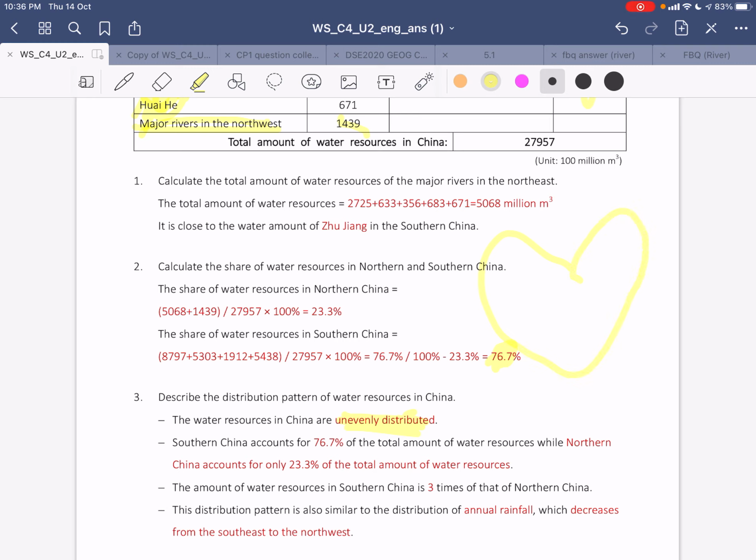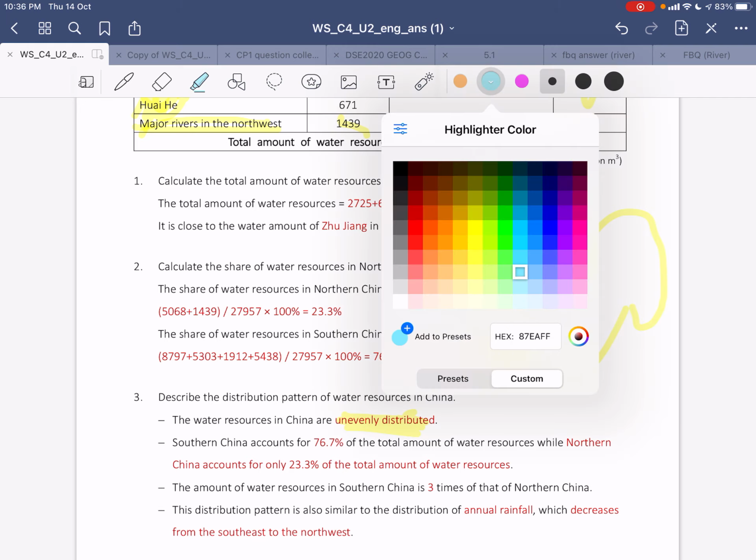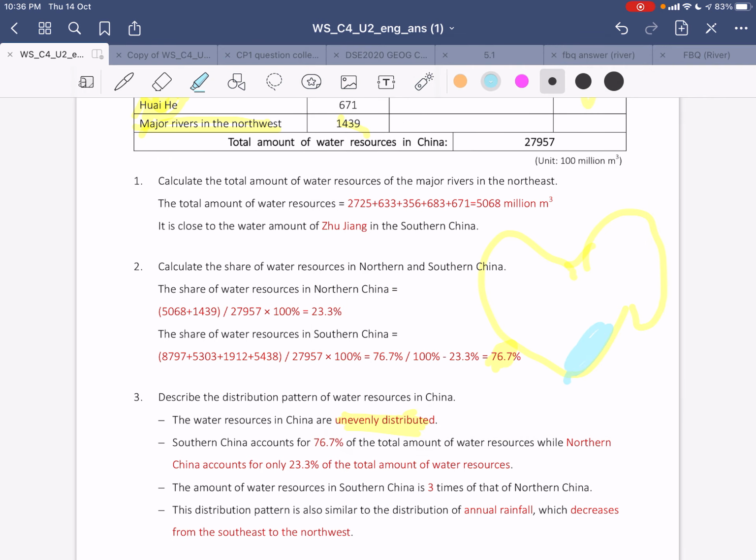If I draw China like a heart, anyway, you know how I draw China. Mr. Leung's art is not really good, you know it. We have a lot of rivers here in southern China, so we have a lot of water.